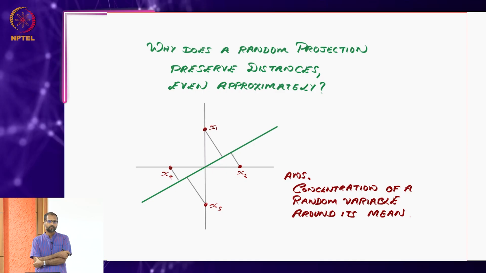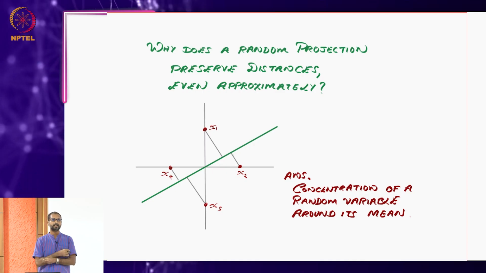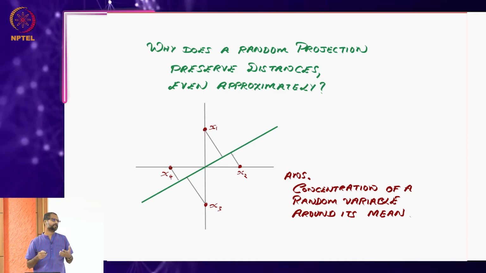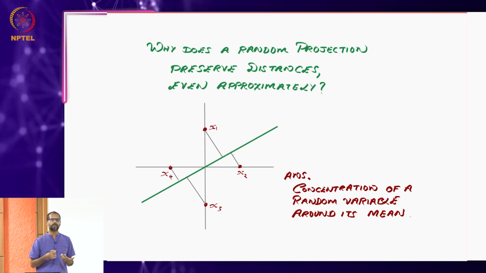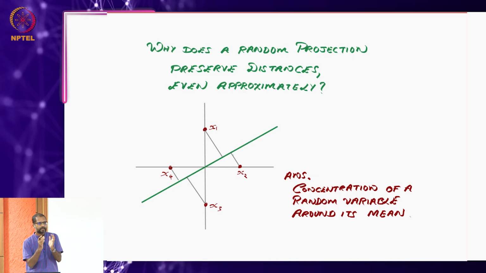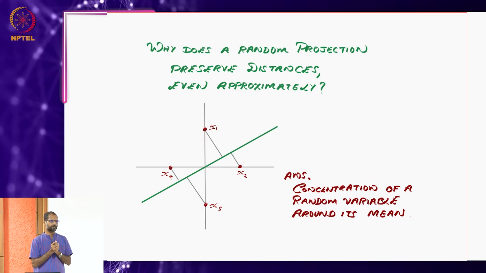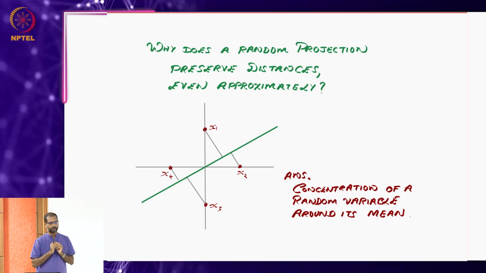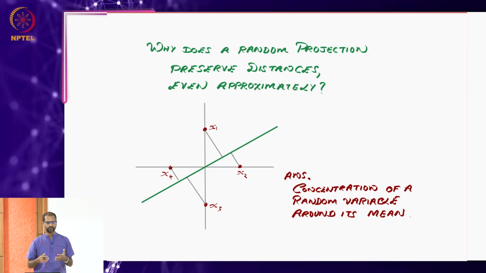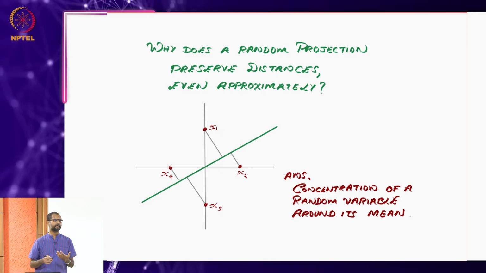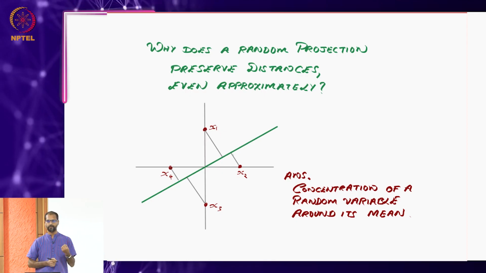The one-line answer to this is that it is really something very similar to a law of large numbers. When you average a lot of things, the result tends to concentrate around the mean. So the entire reason for this happening is a concentration of measure phenomenon.